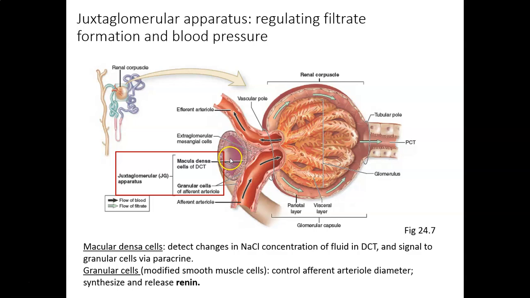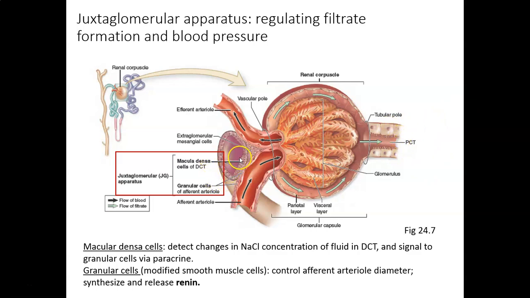That's because what's in the DCT is essentially close to the urine already, because the filtrate is going to be modified by all those tubules and the loop, and the DCT, so things are going to be reabsorbed from the filtrate, and some of the ions or molecules are going to be secreted into the filtrate to form urine.